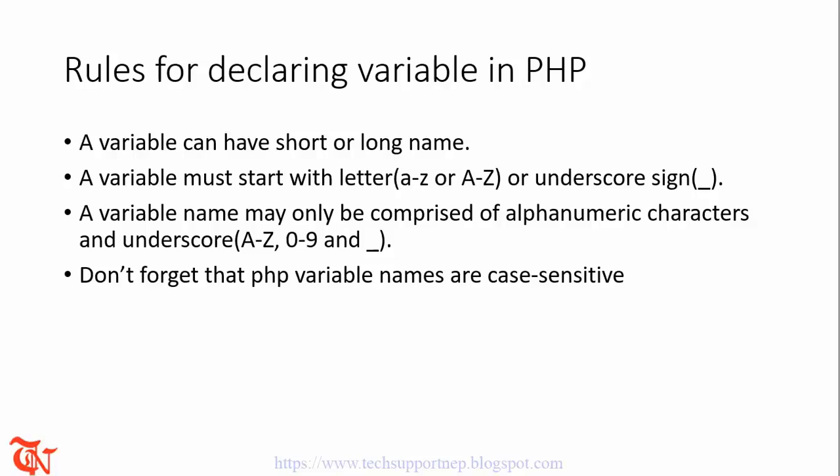A variable must start with a letter a to z or capital A to Z, or an underscore sign. A variable may only be comprised of alphanumeric characters and underscores. And one more thing, don't forget that PHP variables are case sensitive.